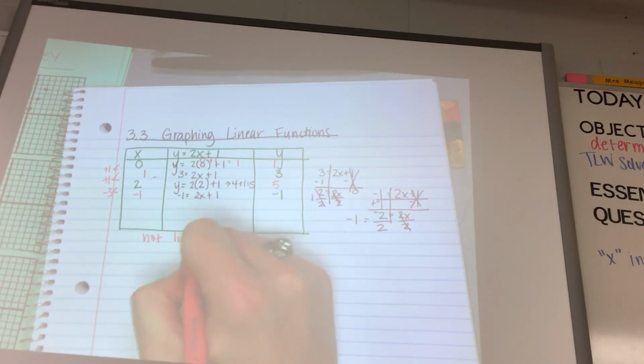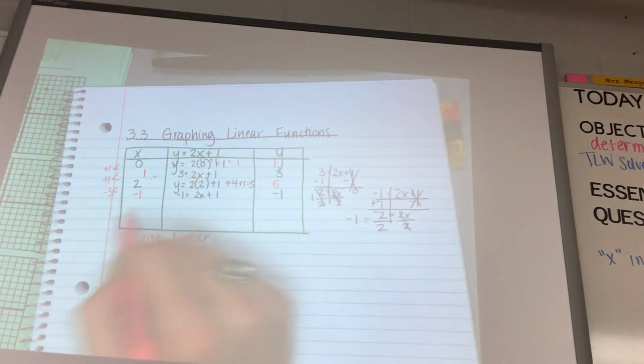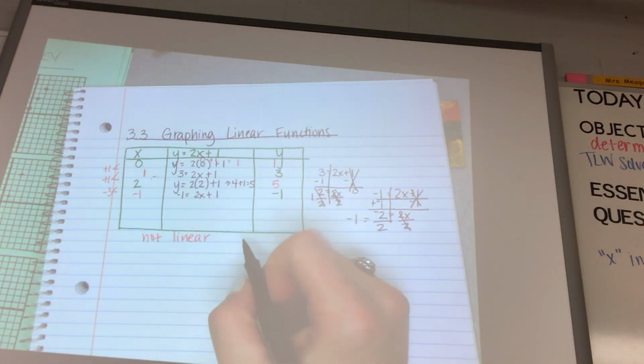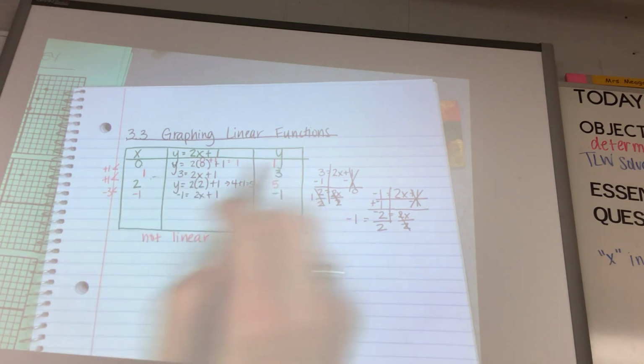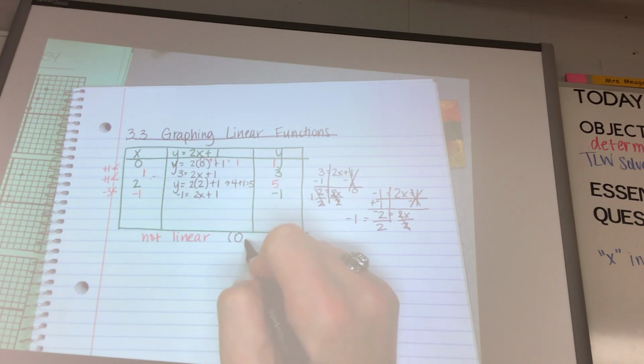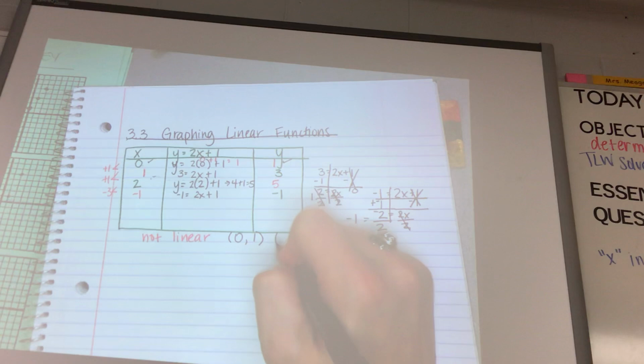And now we could use these values to plot some dots on a graph, because now we have an x and a y. So let's just write out these coordinates. X is 0, y is 1. Check, check. X is 1, y is 3. Check, check.